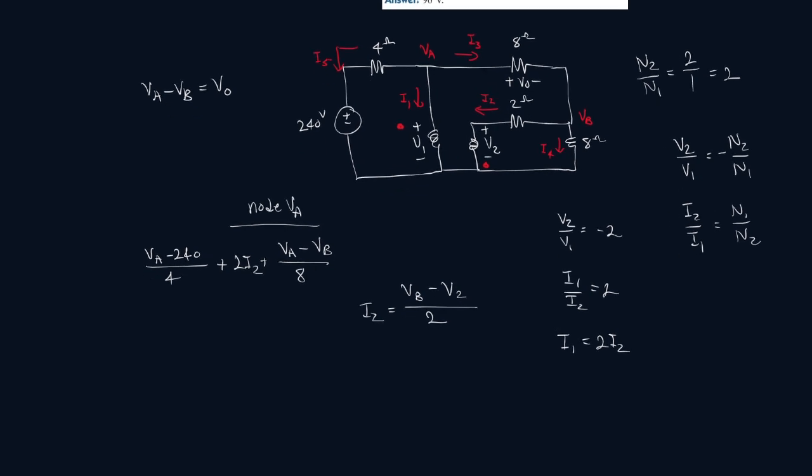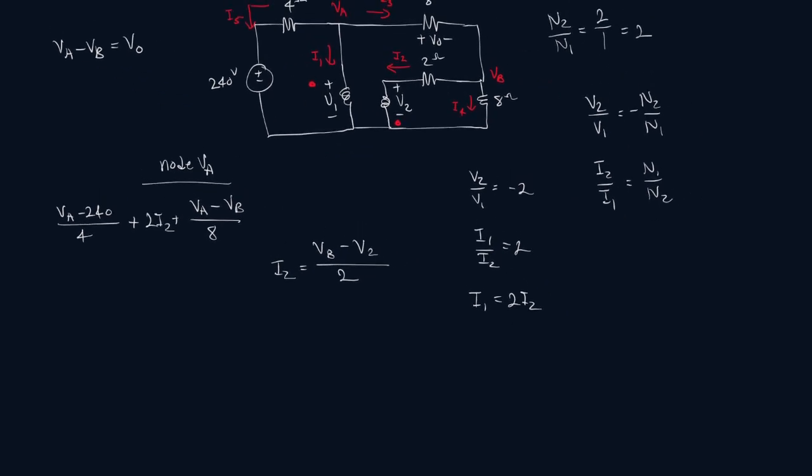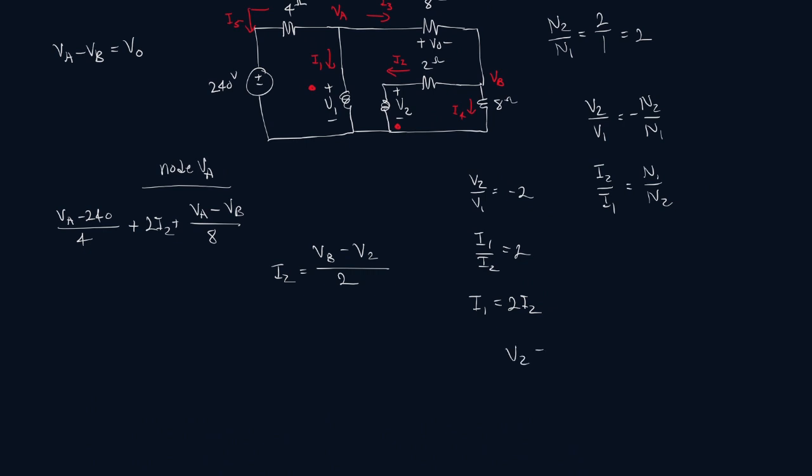And notice another thing, V2 is equal to minus 2 V1. So we can put this value into here. So I2 will be equal to VB plus 2 V1 all over 2.